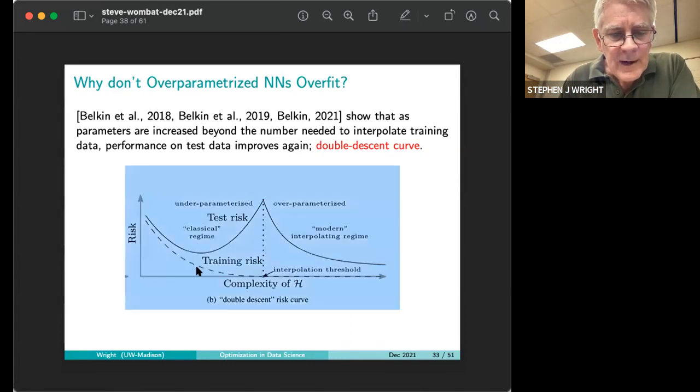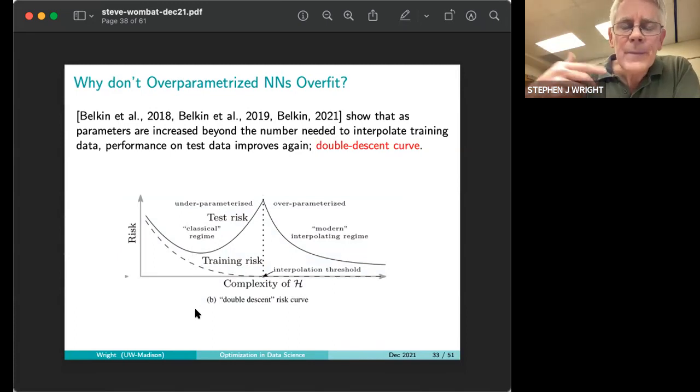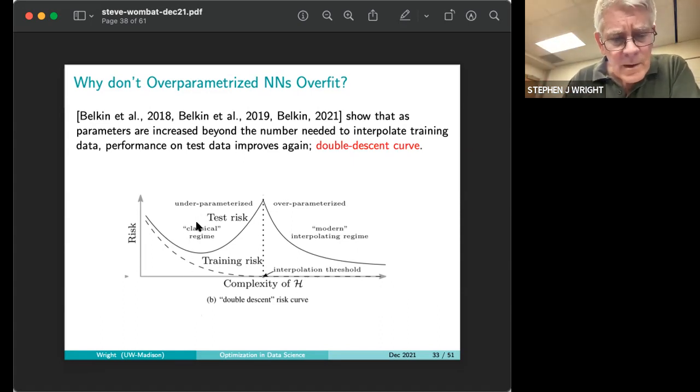You would sort of stop around about here, at the bottom of this U. I'm not sure if you can see my mouse, but you would stop here where the number of parameters in the model was less than the size of the data set, because that gave you a trade-off between the complexity of the model, between fitting the training data and giving you a function that would do a good job at predicting on elements outside the training set. So it would stop about here.